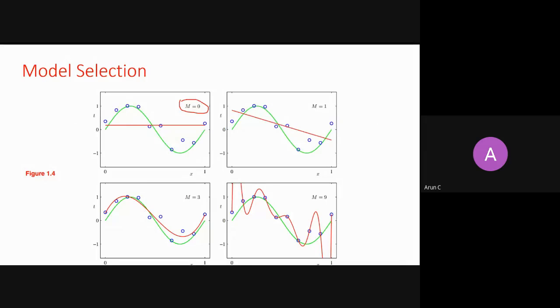I have shown you 4 models: m equals 0, m equals 1, m equals 3, m equals 9. Which model is giving you the least error? You need to answer in terms of m, right?